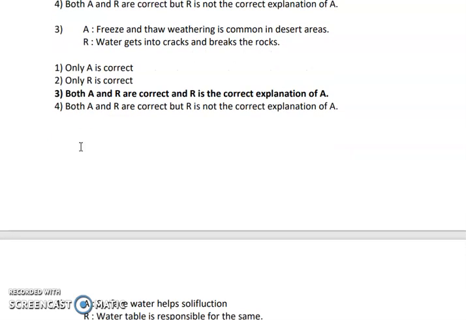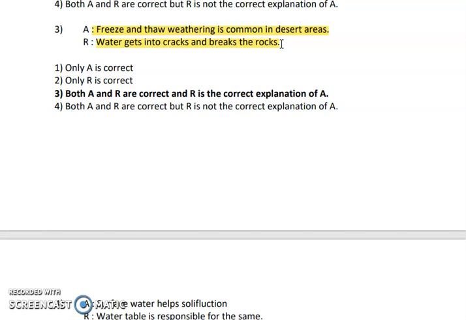Question number 3, that is A, the assertion: freeze and thaw weathering is common in desert areas. So this is exactly true, because in the desert area we can see diurnal type of temperature, that is, in a day it is very hot, and at night the temperature goes down and it cools down. So basically in desert areas you can see freeze and thaw weathering. Reasoning is what? Water gets into the cracks and breaks the rock.